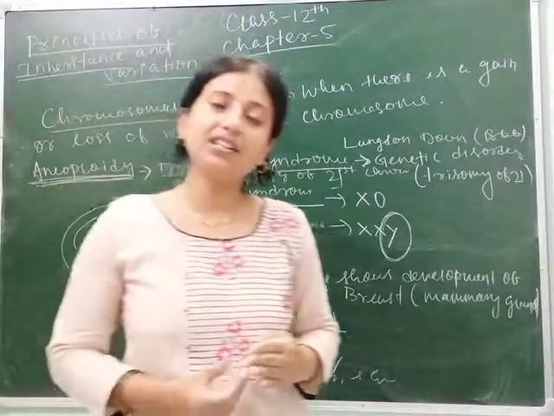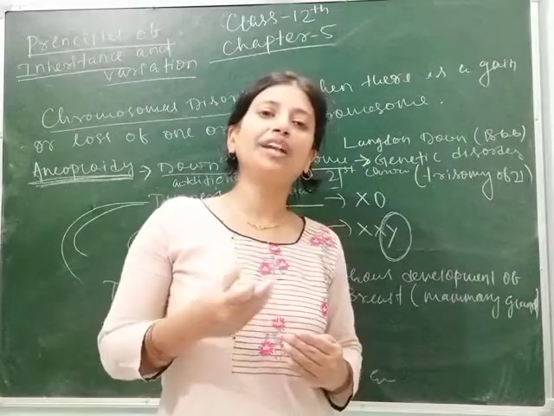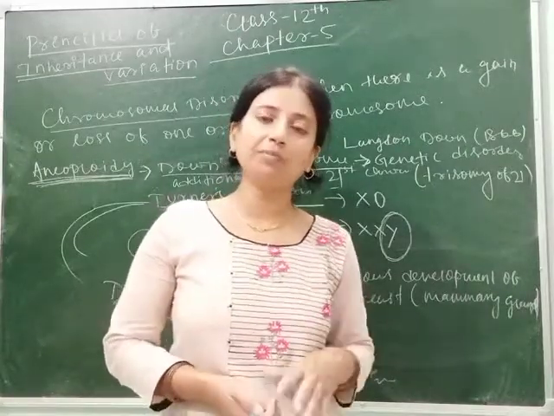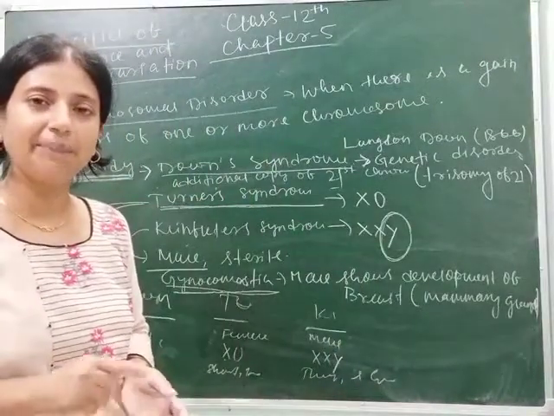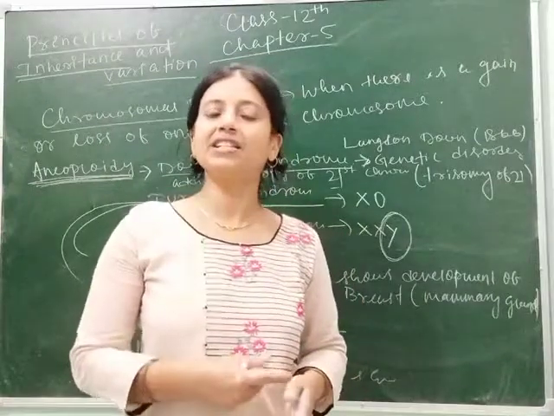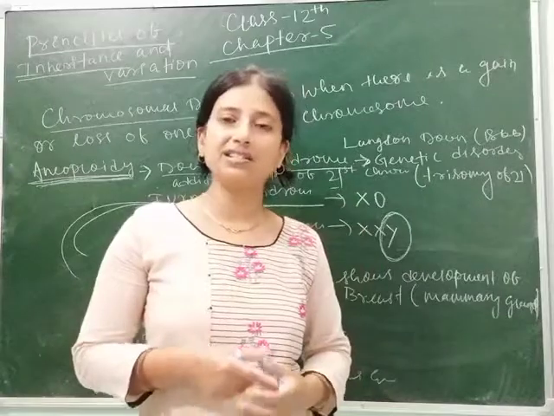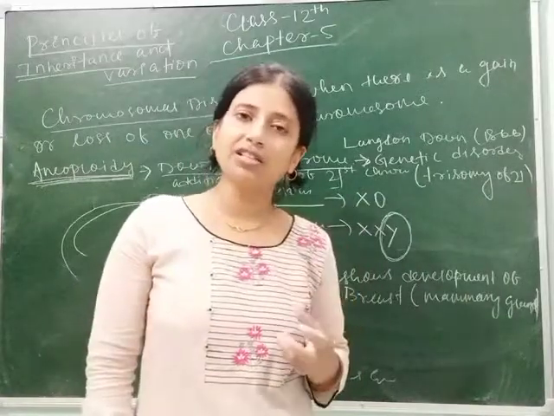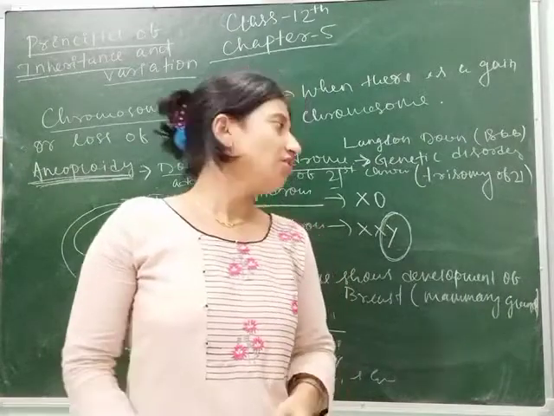In Mendelian disorder you need to complete the study of the theoretical portions of diseases like hemophilia, sickle cell anemia, phenylketonuria, thalassemia, color blindness, etc., and find out the chromosomes where these diseases occur, what the causes are, and why the person is affected by this disease.